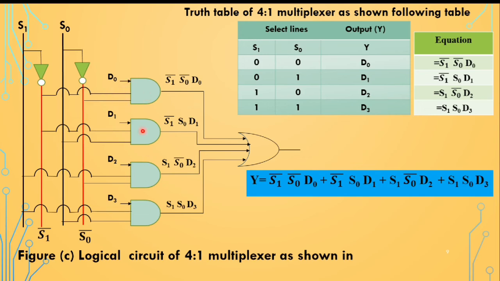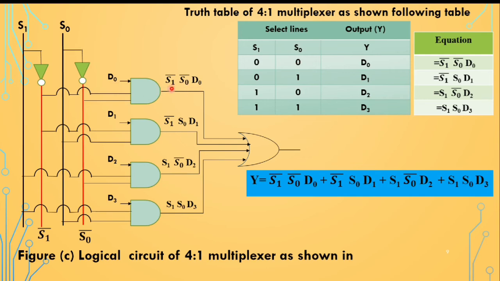So here we have taken the 4 AND gates. To memorize this logical circuit, just consider this S1, this is the S1 line, this red line is the S1 bar line, this red line is the S0 line, and this red line is the S0 bar line. So the first one, 0 0, means we want to consider S1 bar, S0 bar and D0 as it is.